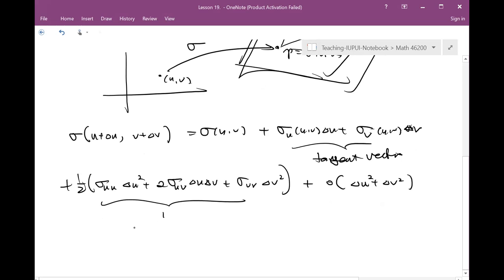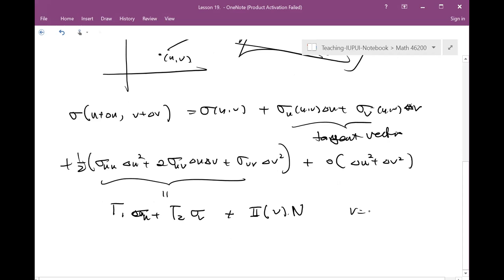It can be written in the form gamma 1 sigma u plus gamma 2 sigma v, because this is the tangent part, and also the projection onto the normal vector, which turns out to be the second fundamental form evaluated at the point v. What is v? v is sigma u delta u plus sigma v delta v. So this is the second fundamental form.